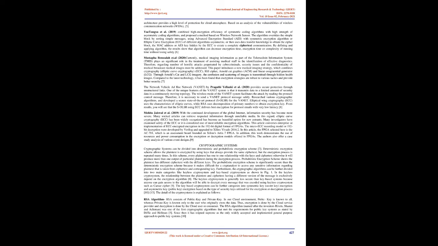Based on an analysis of the vulnerabilities of wireless sensor networks, WSNs, Utonx et al., 2019, combined the high encryption efficiency of symmetric coding algorithms with the high strength of asymmetric coding algorithms, and proposed a method based on wireless sensor networks.